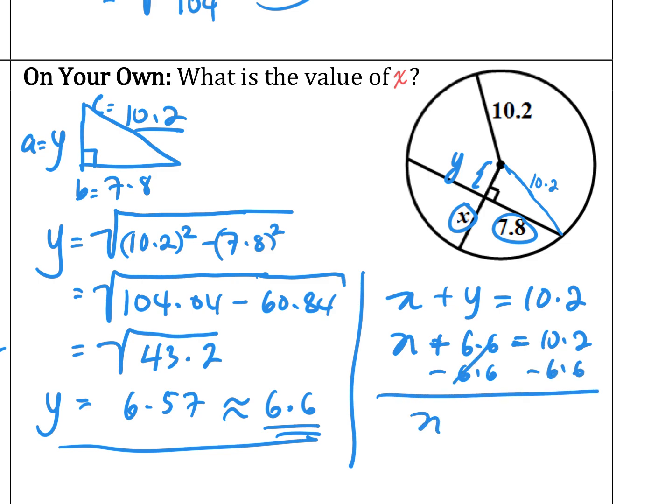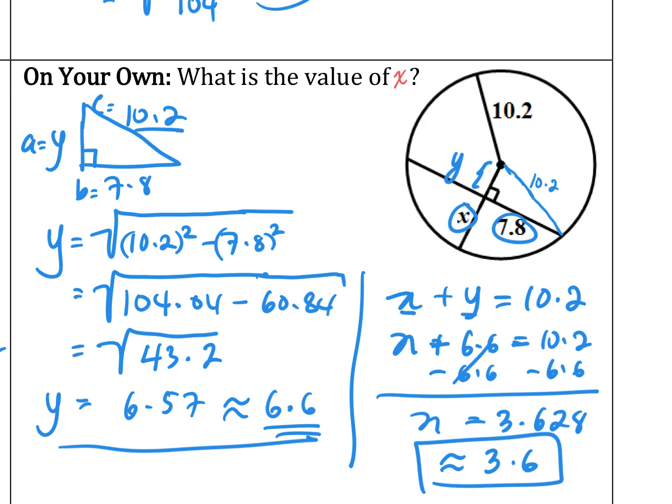Therefore, x is equal to 3.628. If I look at its approximation, that's only around 3.6. So that's it. If we add the value of x and y, we're going to come up with the same size of our radius.